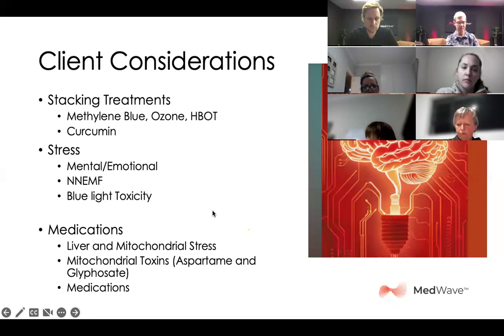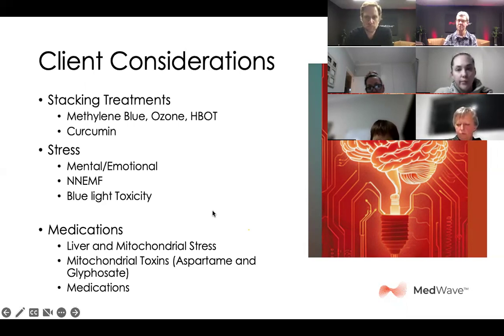Remember, we have something called reactive oxygen species that are produced as you're trying to get oxygen across that electron transport chain. And if you're forcing oxygen in through hyperbaric oxygen or forms of oxygen with ozone therapy, you might be creating more reactive oxygen species that the mitochondria are working hard to adapt to and to mop up.